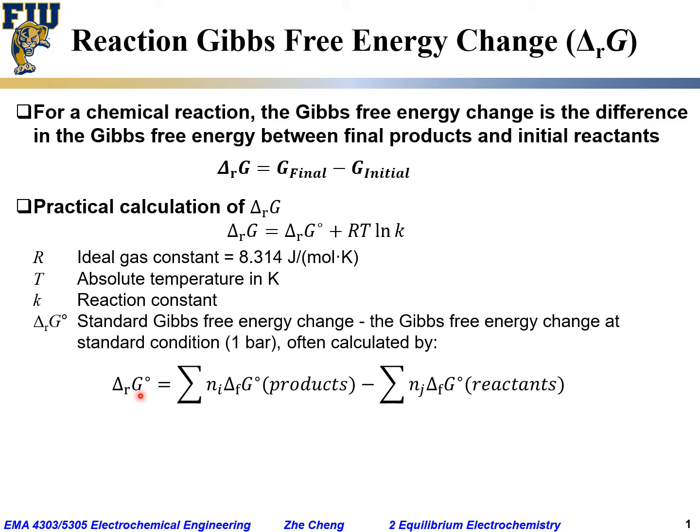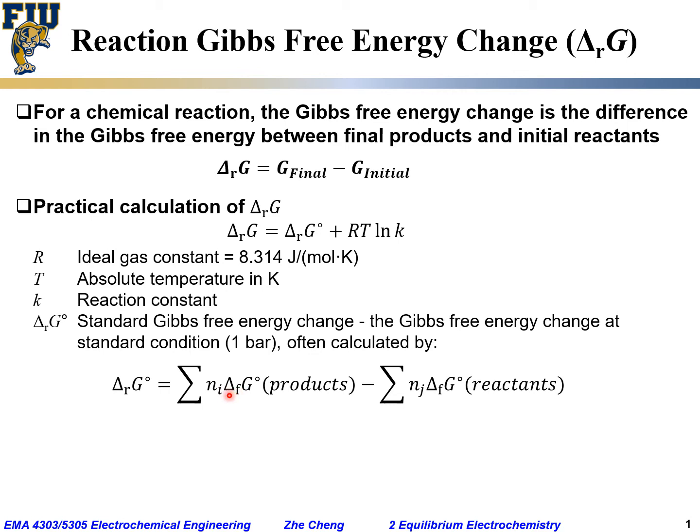Delta G, Gibbs free energy change, R for reaction, 0 for standard, would be sigma for products minus reactants.